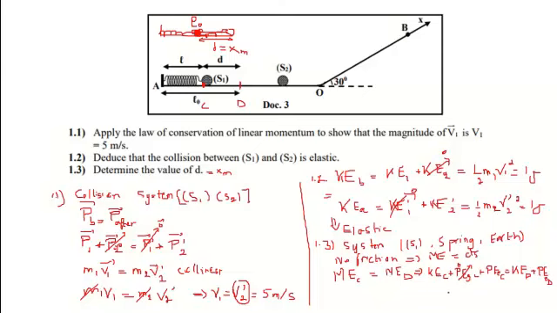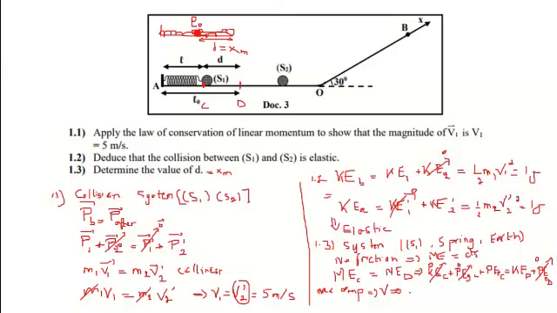And then we continue. At the maximum compression, there's no speed, so KE is equal to 0. When I say maximum compression, this means V is equal to 0, so KE C is equal to 0. And at this point D, there's no compression, this means X is equal to 0, so this became 0. Then I can substitute.